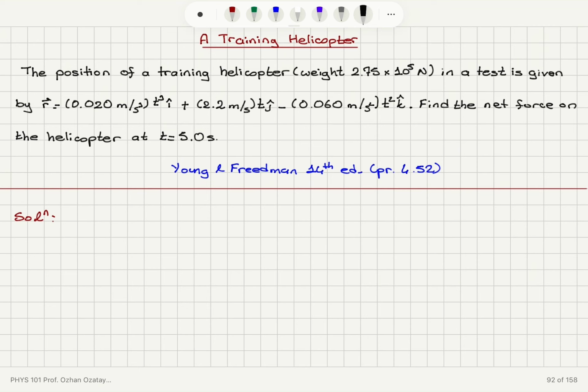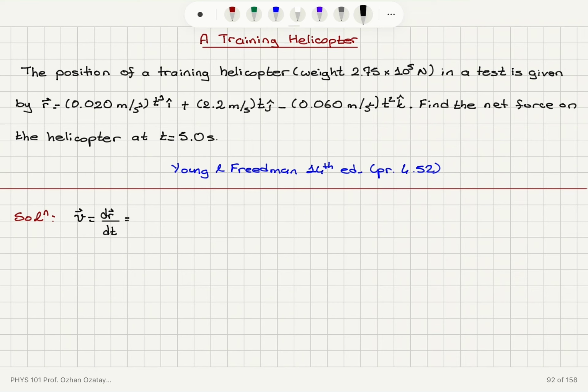Since I know the position vector, let's start with velocity. Velocity is the derivative of the position vector, dr/dt.